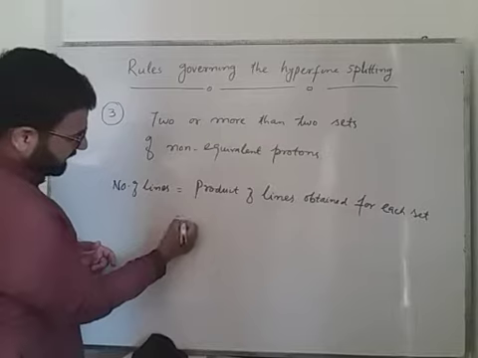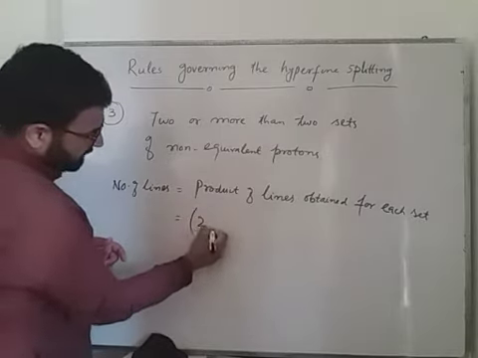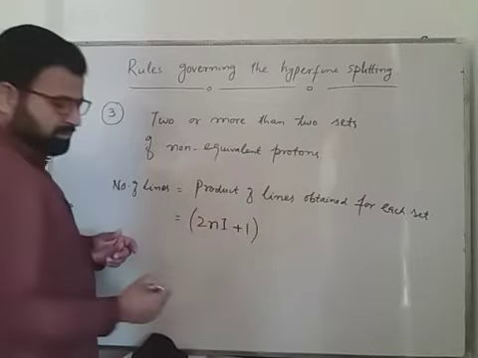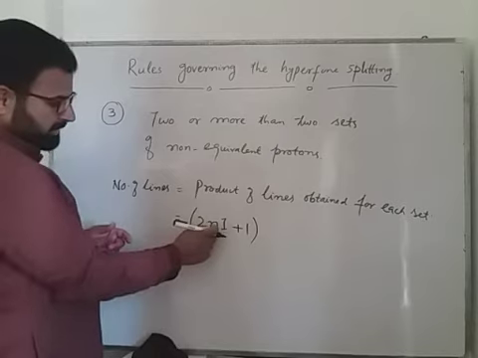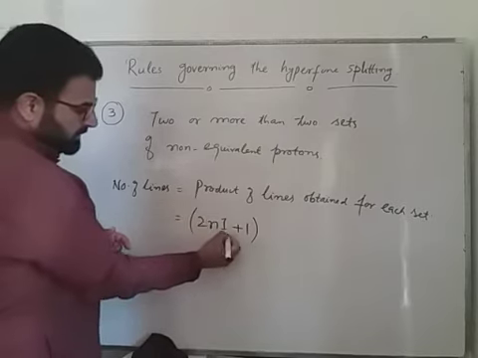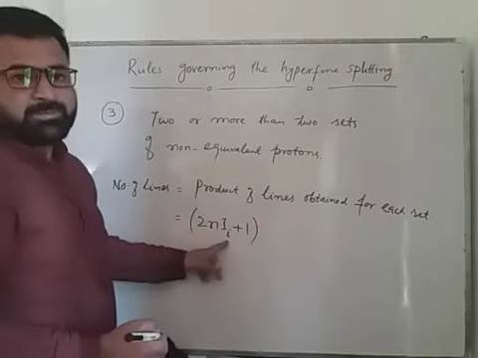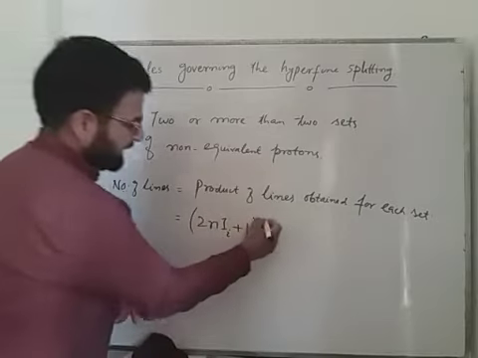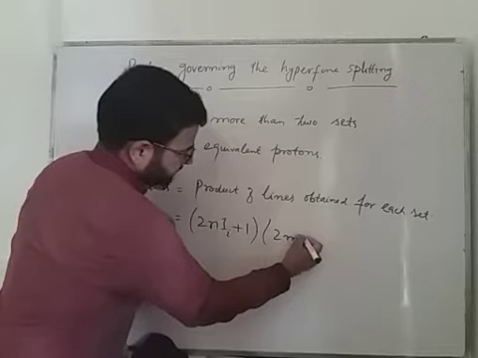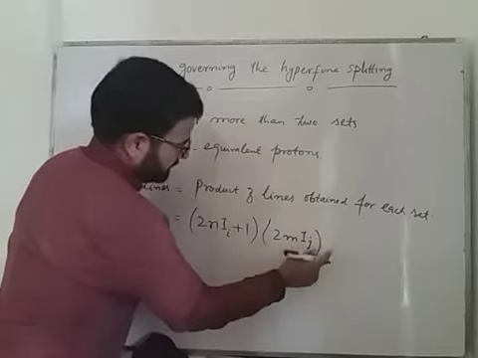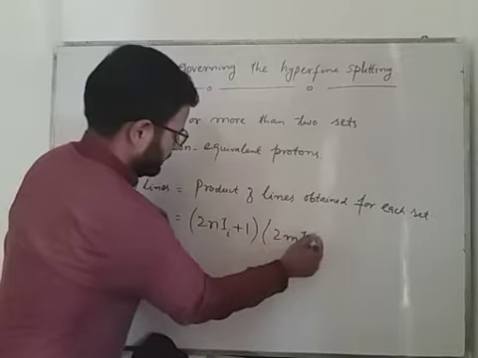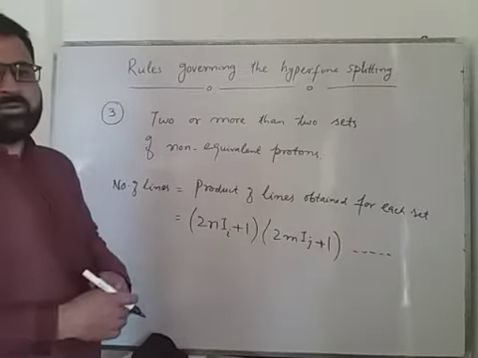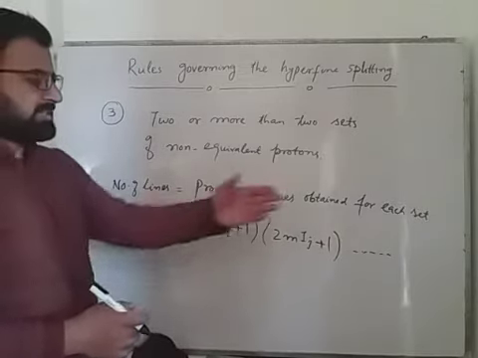That will be given mathematically by, for example, for each set we write 2nI plus 1. Since here there are n number of equivalent protons, I will write I subscript small i. That means this nucleus has a spin of a different type than the other. Then 2 M I_j plus 1. And similarly, if we have more than 2 sets of non-equivalent protons, we can extend it further.